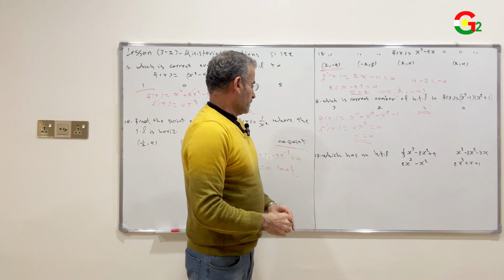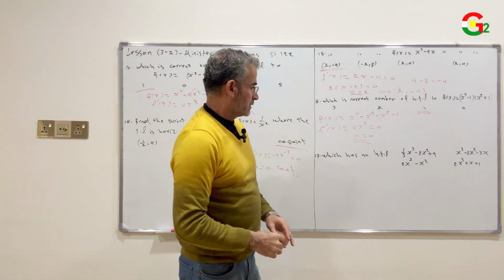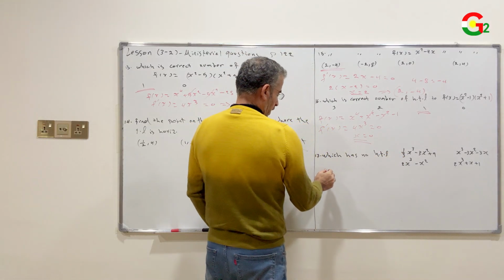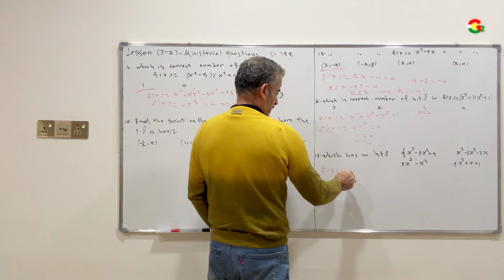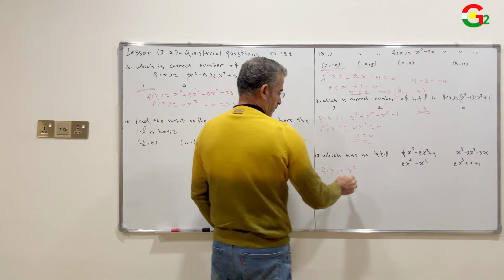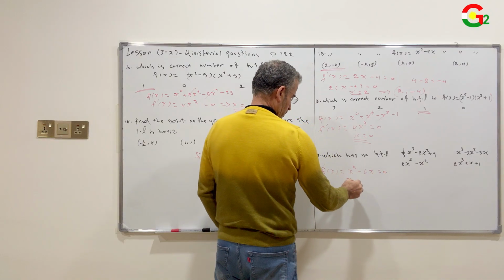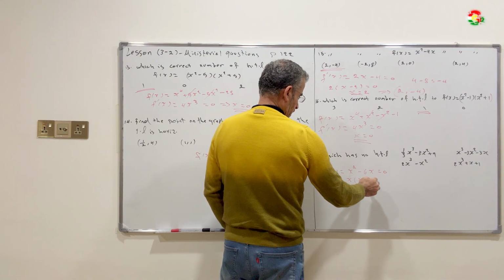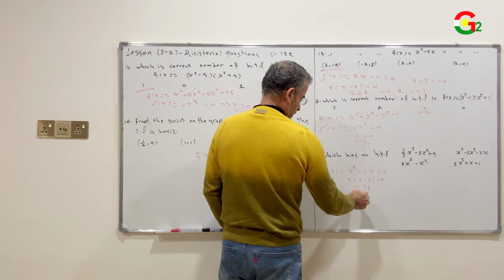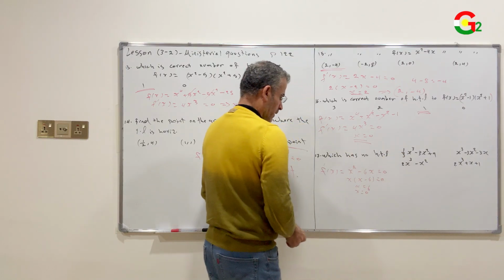Question number 17, which has no horizontal tangent line of the following functions. Let us check the derivative of each function one by one. For the first function, the derivative equal to 3 times 1 over 3, x power 2 minus 6x. Set it equal to 0, factorize: x times (x minus 6) equals 0, x equal 6 and x equal 0. So this function has two horizontal tangent lines.